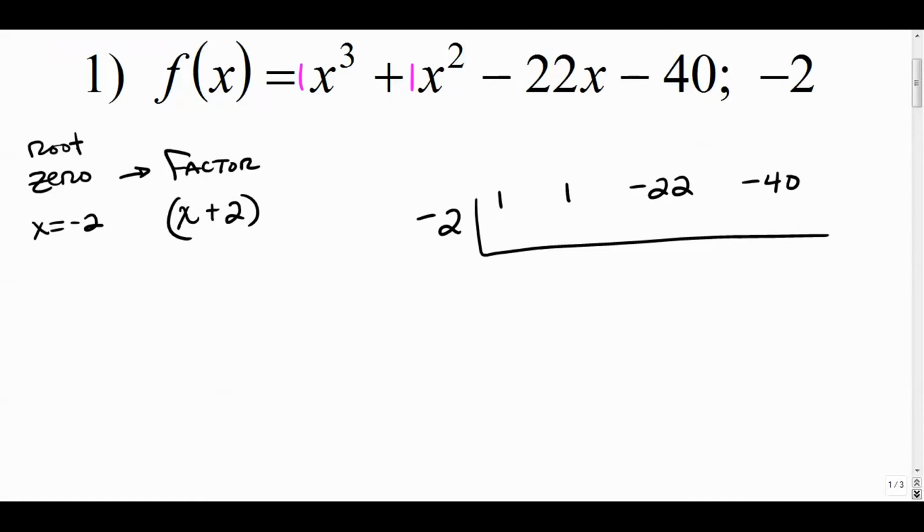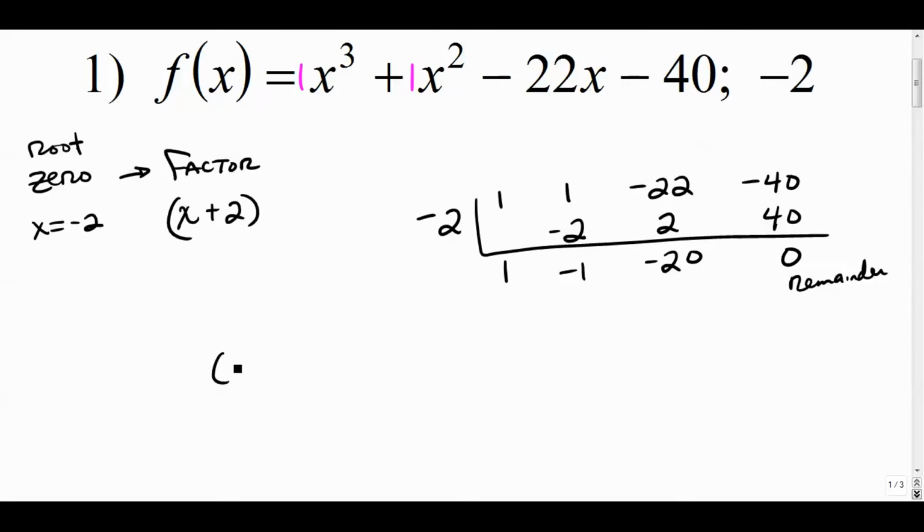So I'll put those coefficients down here, and I bring this 1 down, I multiply these two and put that number here, I add these two, I multiply -2 and -1 to get +2, I add these two, and then I multiply -2 and -20 to get +40, and I put it right there. I add those, I get 0. So that's my remainder when I divide -2 out of this cubic, which is good.